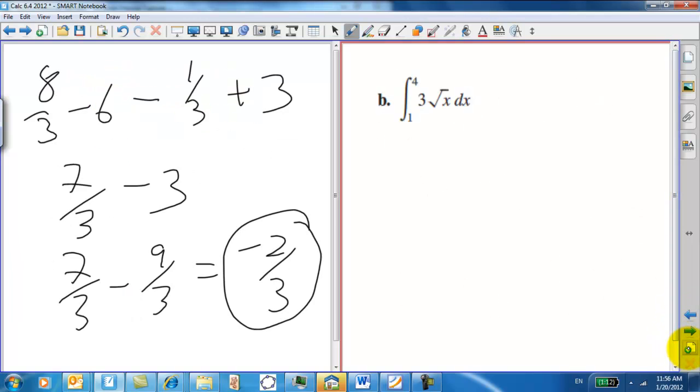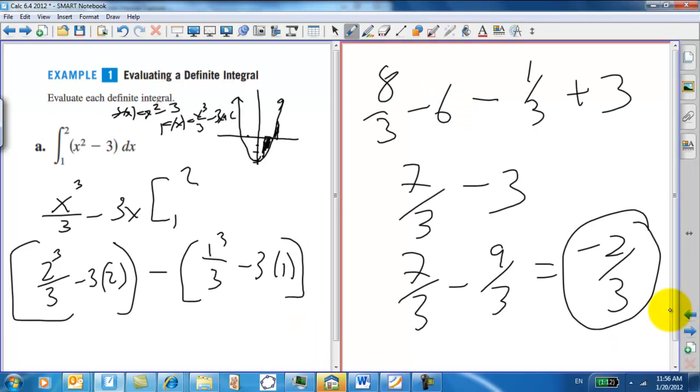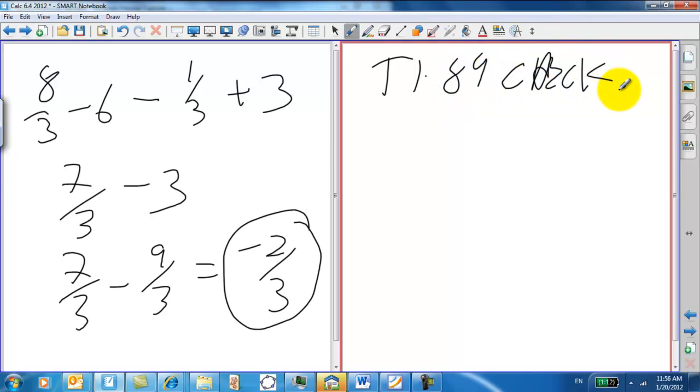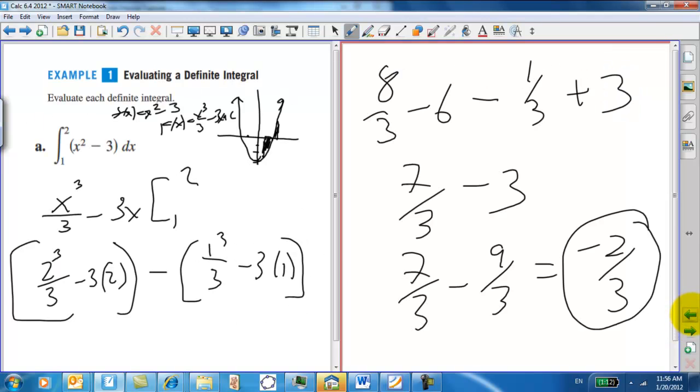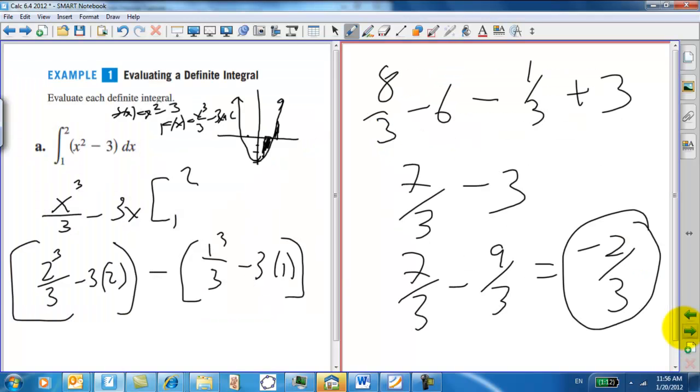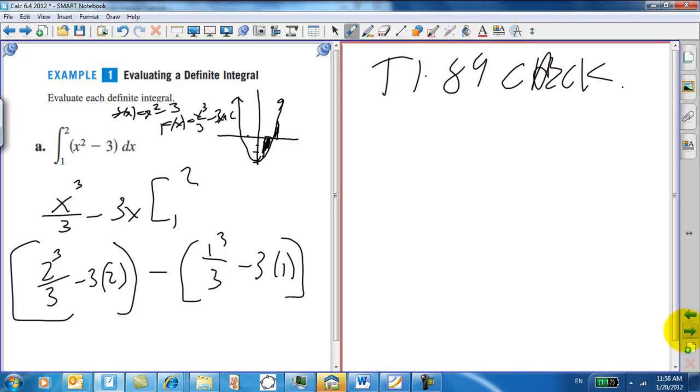And let me show you, I can do the check. Here's the TI-89 check. First we go back to what we had before. Look at the original problem there. And then here's the TI-89 check.